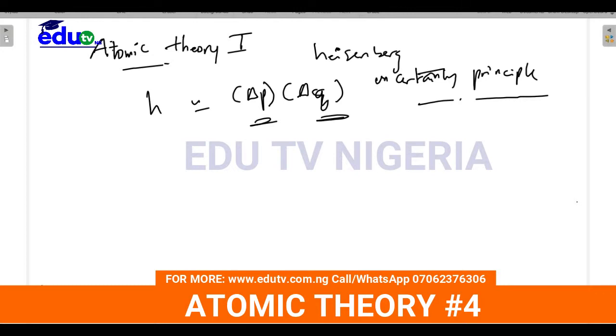It's not in agreement with the Heisenberg uncertainty principle, because according to Bohr's theory, electrons have a known radius and orbit. That is to say, we have the exact location of the electron and its momentum. The Heisenberg principle doesn't agree with Bohr's theory. So that's one of the limitations: it can't explain the wave particle dual nature.